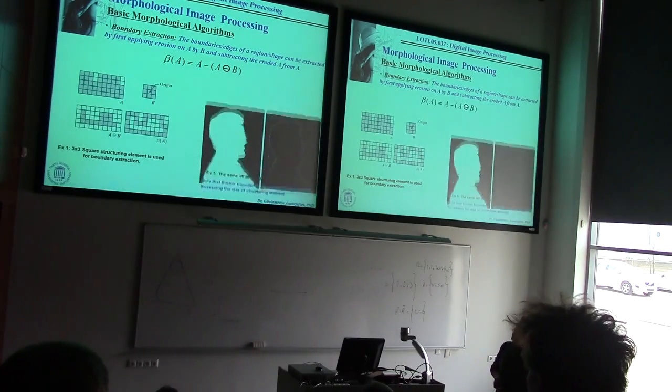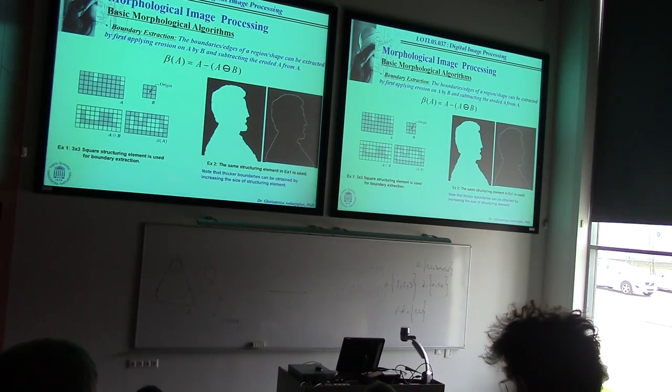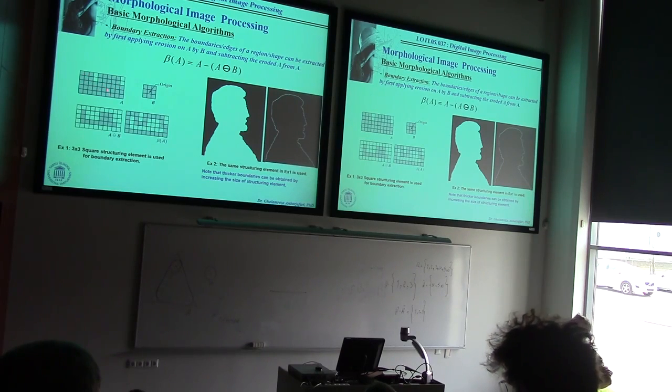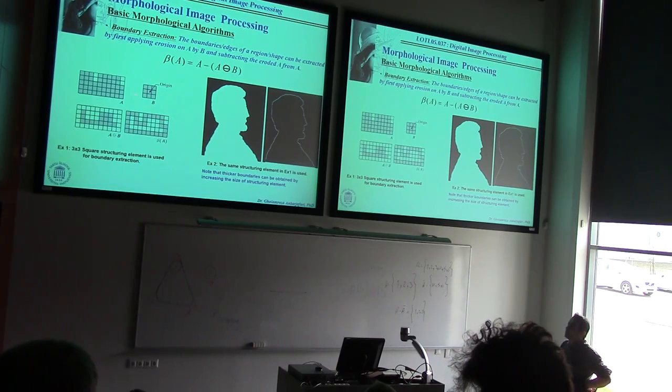To find the boundary extraction, if you want to find the boundaries of the image, we can use this equation. We have A minus the erosion of the A by B. Assume that we have the set of A here and structure elements like this.